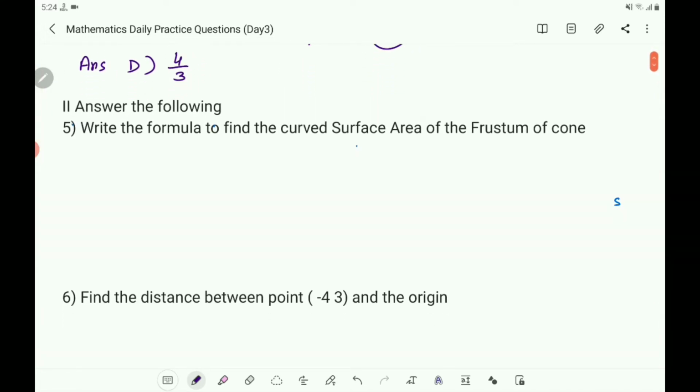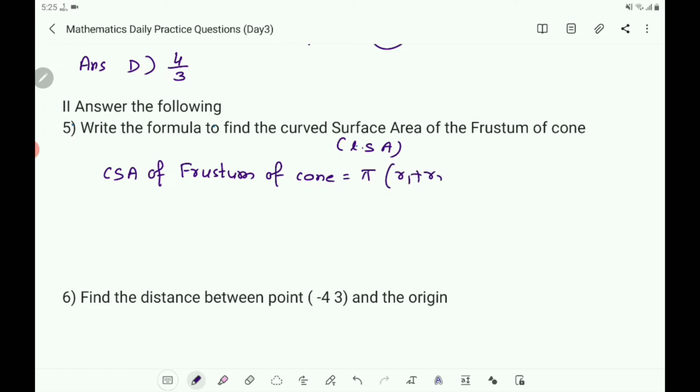Write the formula to find the curved surface area of the frustum of cone. What is the formula to find the curved surface area of the frustum of cone? You know that CSA, or it is also taken as LSA, lateral surface area or curved surface area of frustum of cone equals pi into R1 plus R2 into L, or you can also write pi L into R1 plus R2.